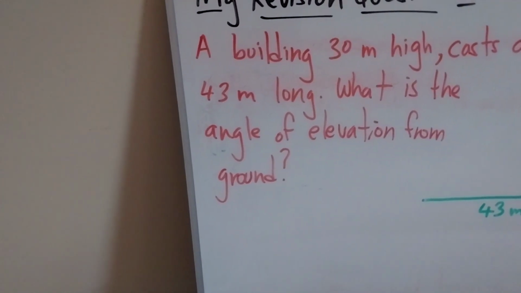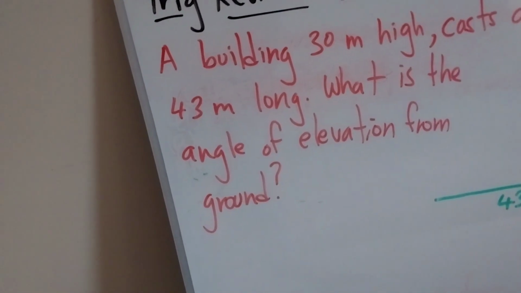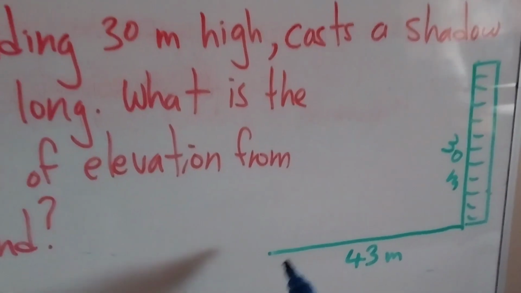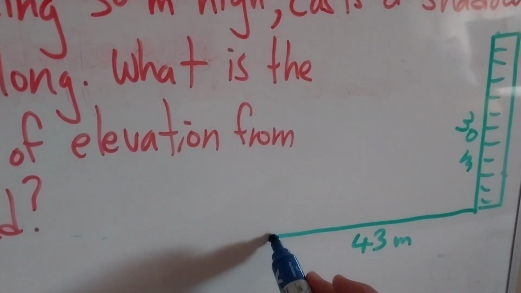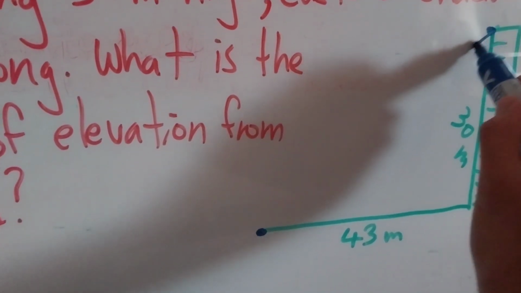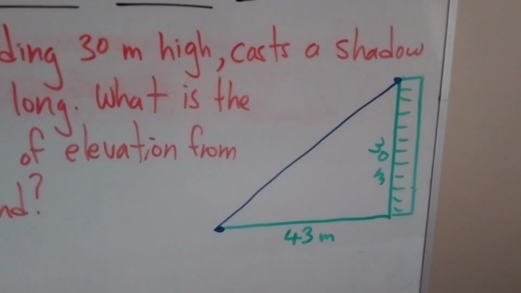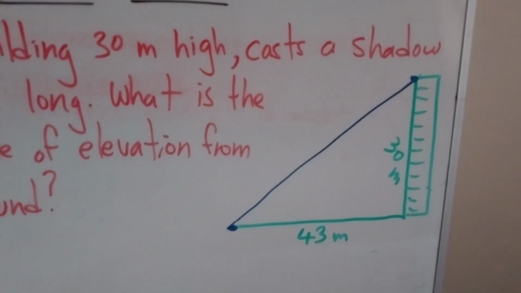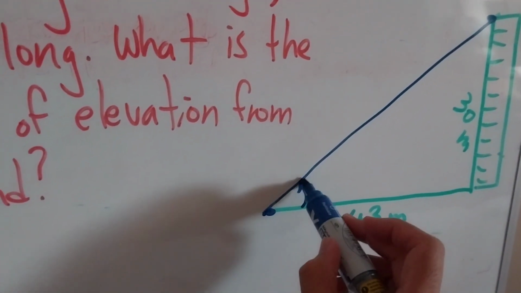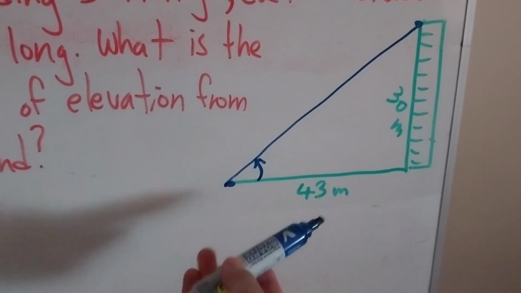The question is, what is the angle of elevation from ground? From ground to the top of the building. So if we make a straight line from the end of the shadow and then to the tip of the building, right, that's an imaginary line, from the tip of the shadow to the top of the building, it is asking what is that angle of elevation.